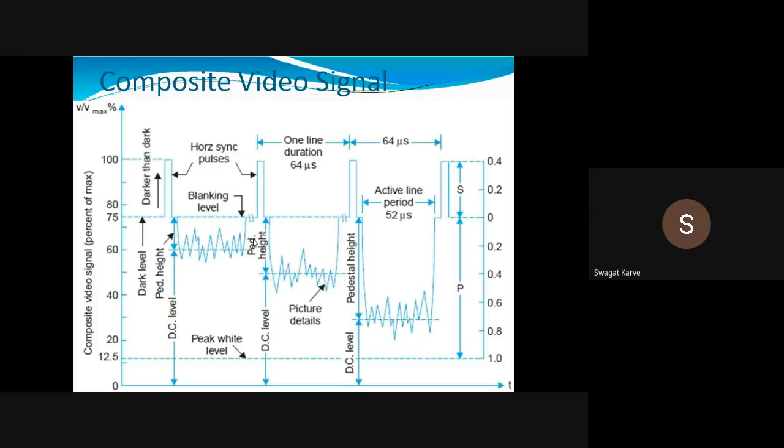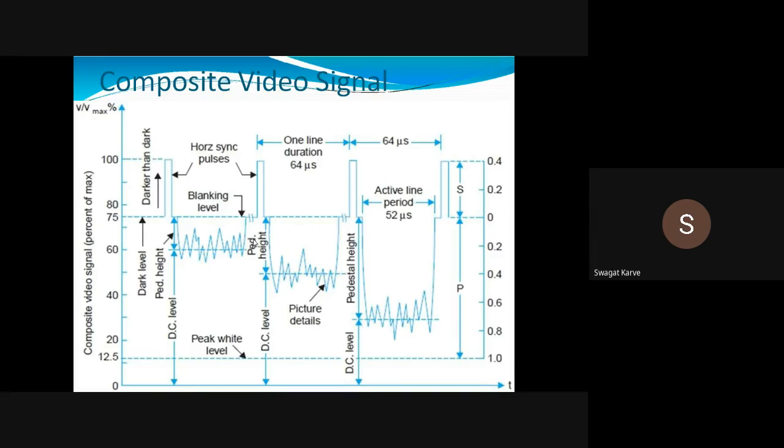All of these have some peculiar timings also. For example, one line duration is 64 microseconds, and the active line period is 52 microseconds. Each has some certain predefined amplitude, that means DC level. The DC level is also fixed, and the time duration is also fixed.